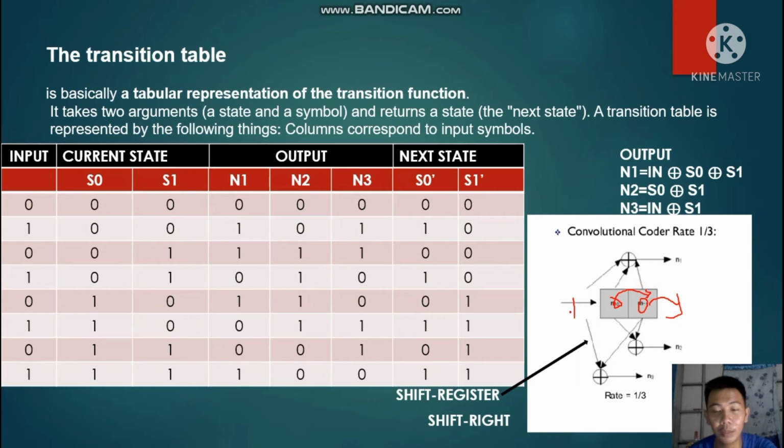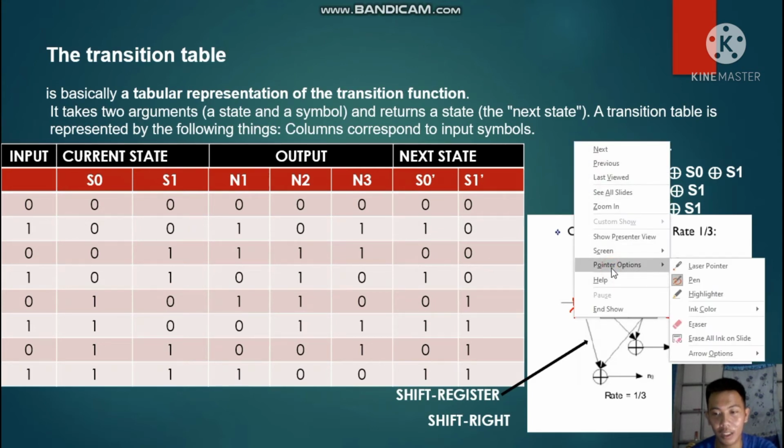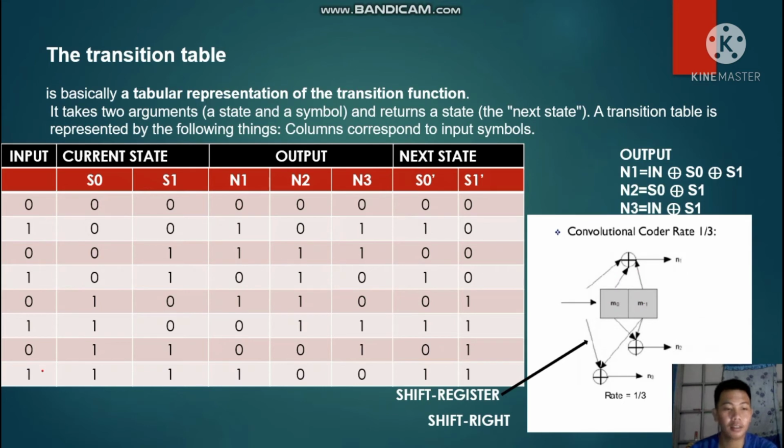And this input 1 will be shifted in. So our next state will be 1 and 0. So this process goes throughout until the last of our input 1, current state of 1 1. So this process is repeated until our last input.